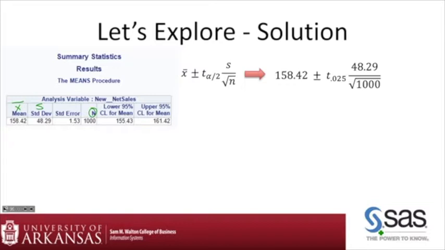I told you that the standard error, well, we can represent that by the standard deviation divided by the square root of our sample size. So we've got pieces of information. The one piece that we didn't really talk about, and I didn't dwell on, is this right here.